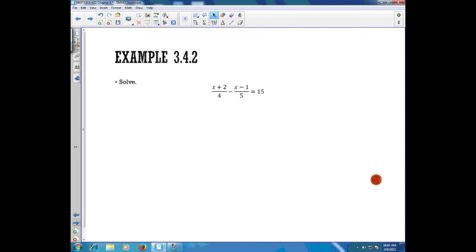x plus 2 over 4 minus x minus 1 over 5 equals 15. Now here, the only denominators we have are 4 and 5. And so the least common denominator is just 20. And so we want to multiply everything by 20.